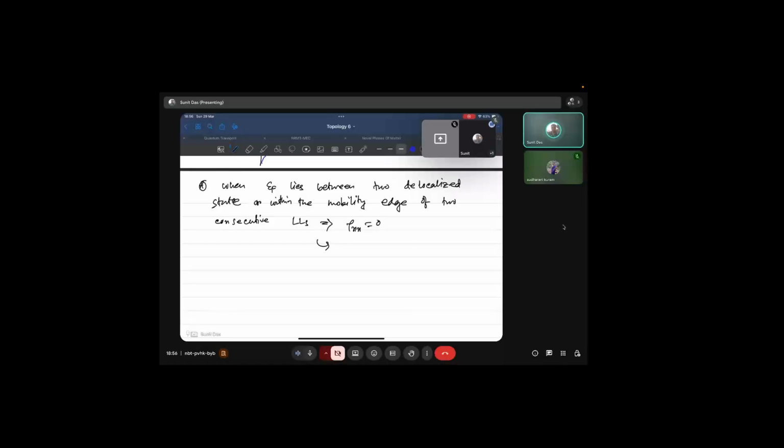Physically, what happens is that the electrons are immobile, so there is no longitudinal current. This explains why rho xx is 0 at certain magnetic field values.